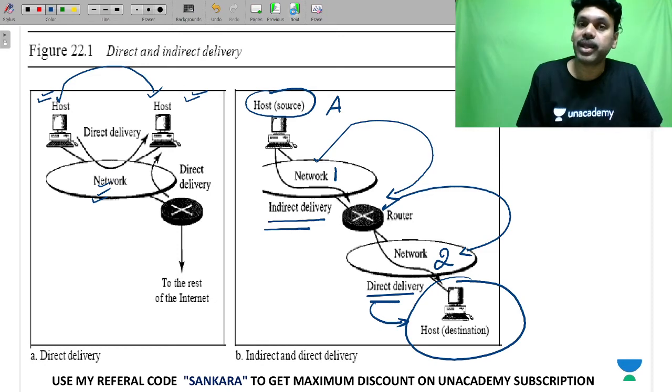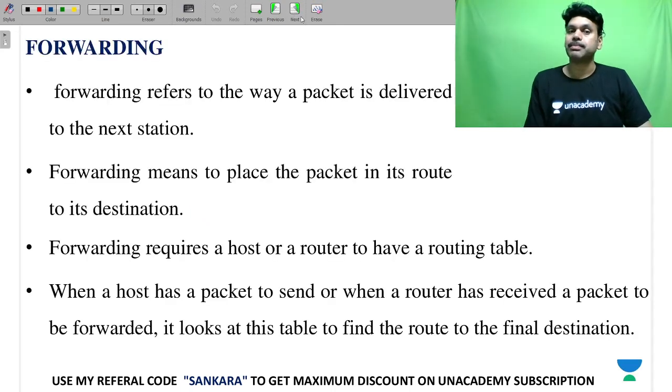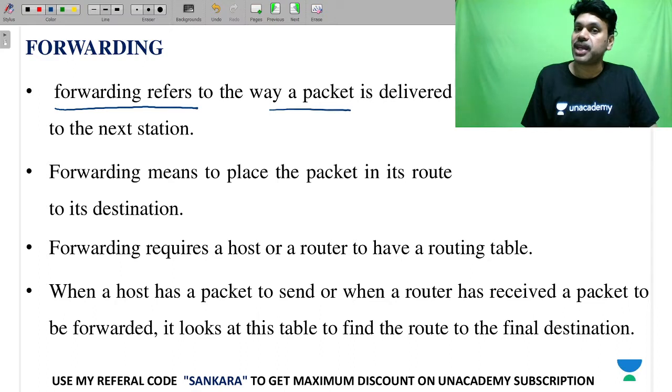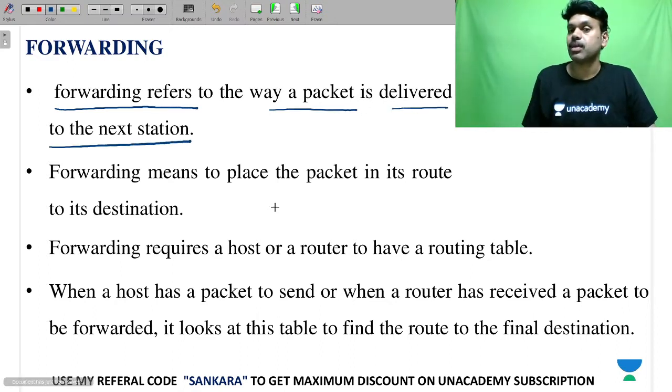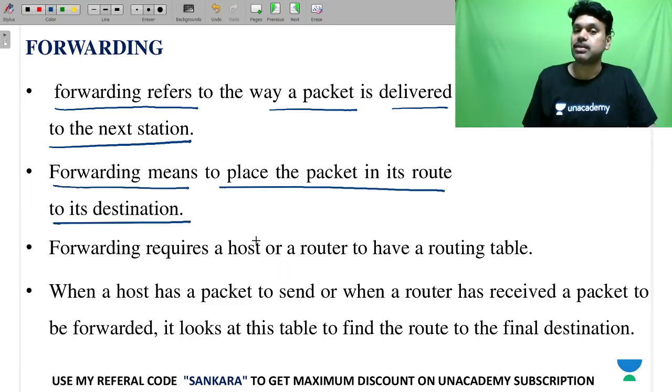Okay. So the next variety is the forwarding mechanism. What is a forwarding mechanism? Forwarding refers to the way the packet is delivered to the next station. So forwarding means to place the packet on its route to the destination.